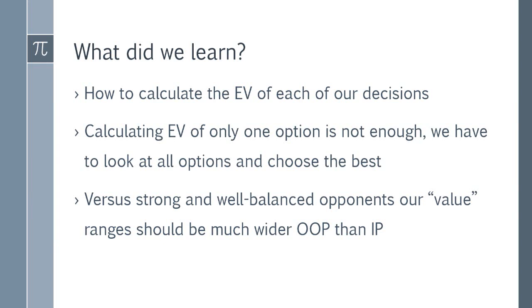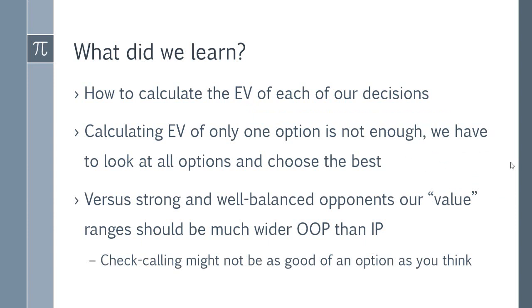So something to consider when you're deciding on your value ranges is that check calling isn't always the good option that you think it is when you're out of position, if you're playing against a very strong player. Myself included, I think it's very easy to just decide, we'll just let him bluff here and go for a check call with a hand at the bottom of the strong part of your range, or the bottom of what you might consider your value betting range.